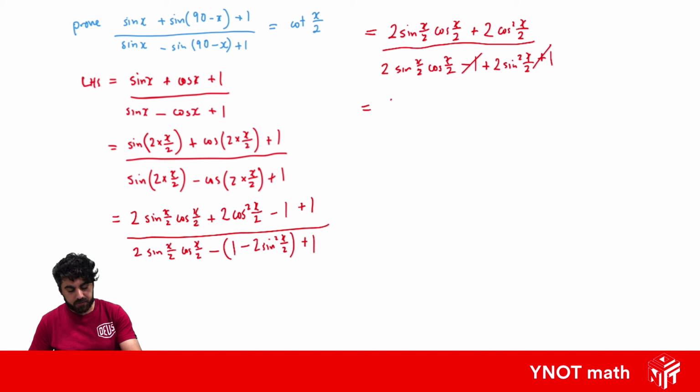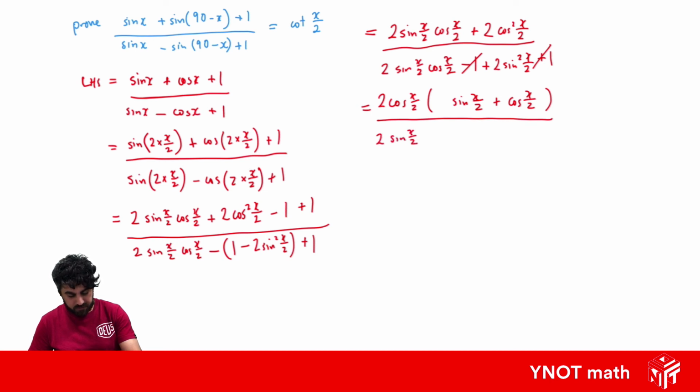In the numerator, we can take out a factor of cos of x over 2, and that'll leave us with 2 sine, so we can take out a 2 as well actually. So let's do that. We'll be left with sine of x over 2 plus cos x over 2 all over, again, we can take out a factor of 2 sine of x over 2 this time.